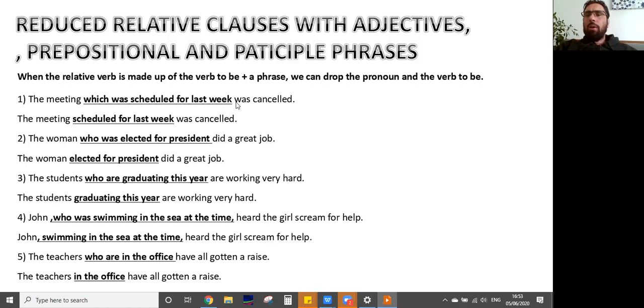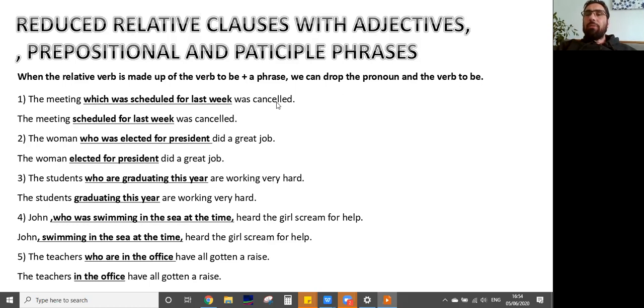So it's a longer relative clause. Okay. Who was elected for president. So this is not just a past participle, it's a whole phrase. Who are graduating this year. So we have a whole phrase here. Who was swimming in the sea at the time. Who are in the office. So we have a phrase.